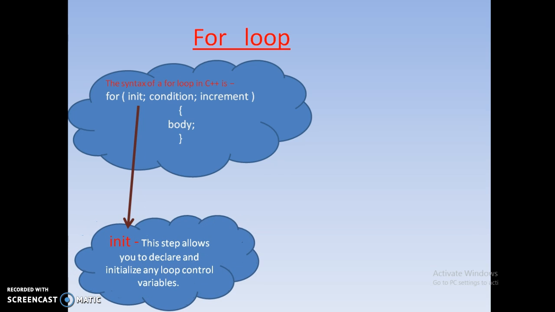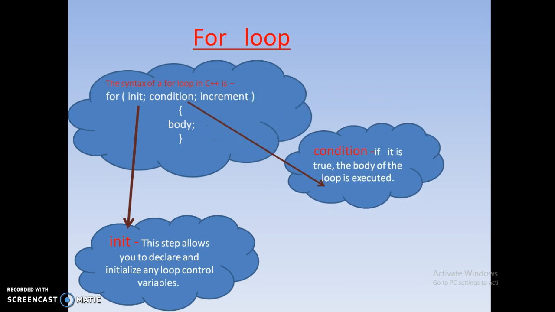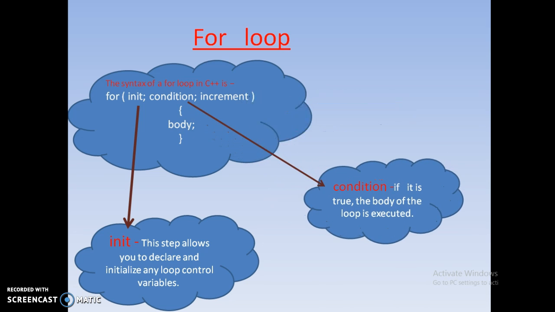In initialization, we declare a variable and we assign a value to it. Test condition. Here we define a test condition. If the test condition goes true, the body of the loop will be executed. Otherwise, it will exit from the loop.